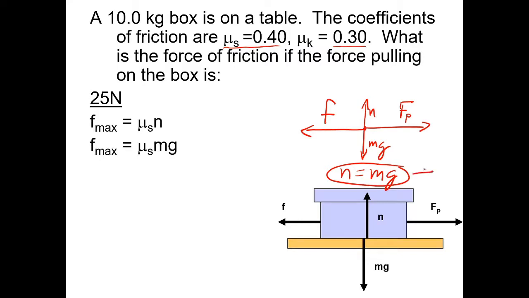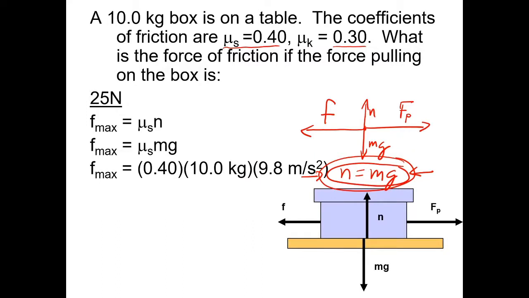And we made the point that the normal is equal to the mg in this case. So now we can just substitute. To get it moving, we have to use the static friction, which is 0.4. They told us the mass of the box, and we know gravity. This box is not going to move until we get to at least 39 newtons. It's not going anywhere.